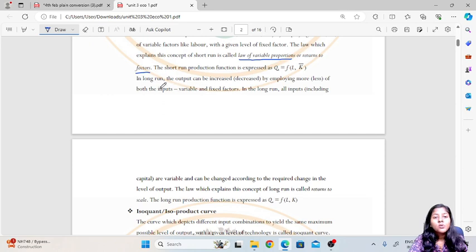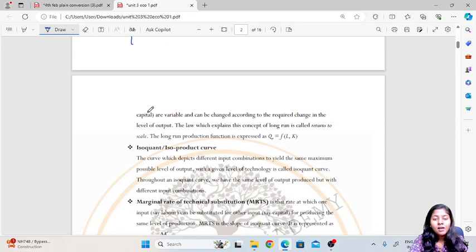Now in the long run the output can be increased by employing more of both the input variable and fixed factors. So in the long run all inputs including capital are variable and can be changed according to the required change in the level of output. The law which explains the concept of long run is called returns to scale.